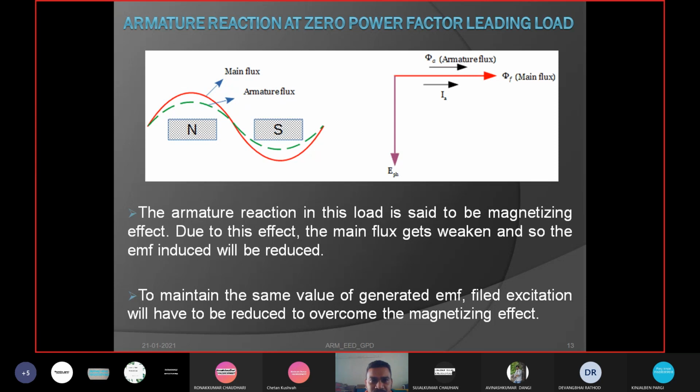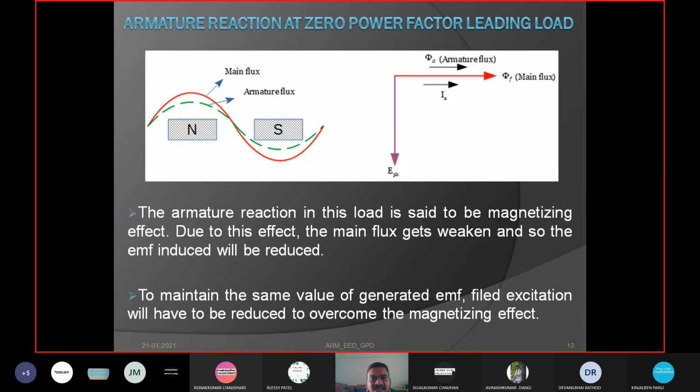Now, the main field flux increases, so more flux is cut by the conductor and more EMF is generated. If we want to keep the generated EMF at a constant value, we have to reduce the generated EMF. How can we reduce it? We have to reduce the main field flux.